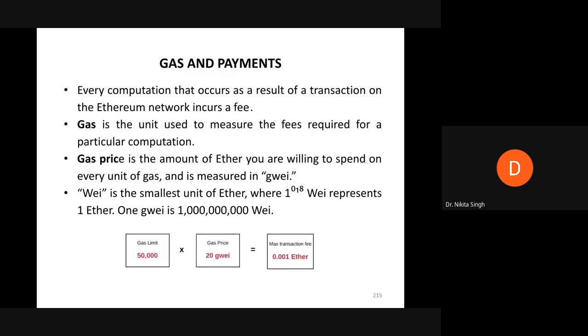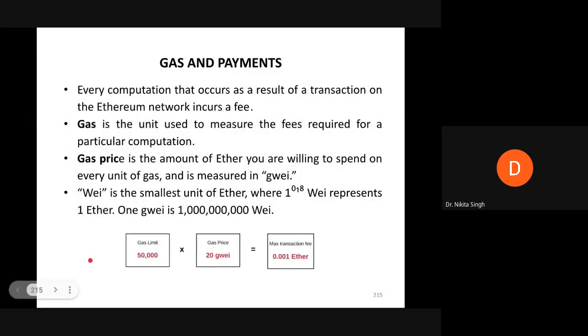All right. So gas has two components: it has a limit and it has a price. The price of gas is the amount of GWei that the user is willing to spend on each unit of gas. Let us see this with the help of an example, it will make it more clear.